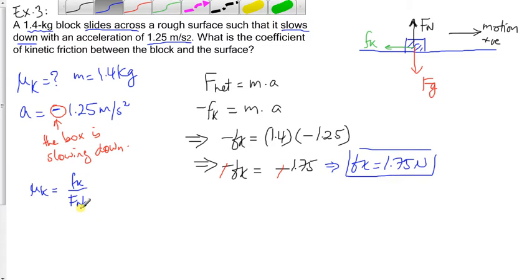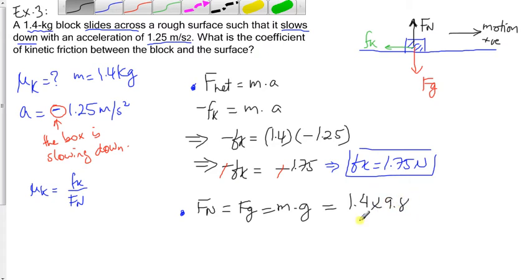Now, where can I get Fn from? This is the first step. Second step, along y, Fn is equal to Fg, equal to m times g. Here I use m times g because I have the mass. So it's equal to 1.4 times 9.8.